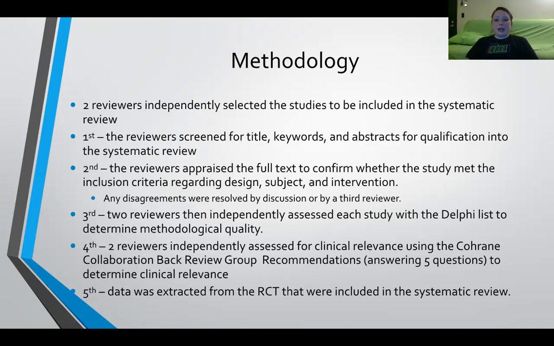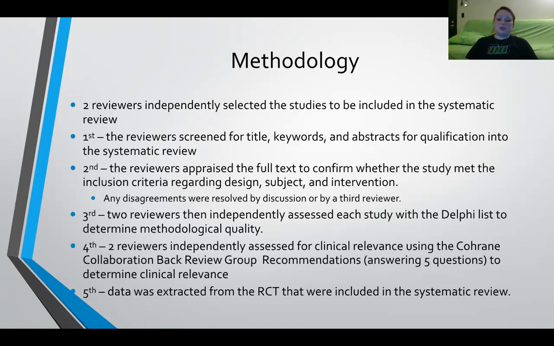They started out with searching for keywords in titles and abstracts for qualified randomized control trials. From there, they looked at the full text to see if they fit the criteria for design, subjects, and interventions.